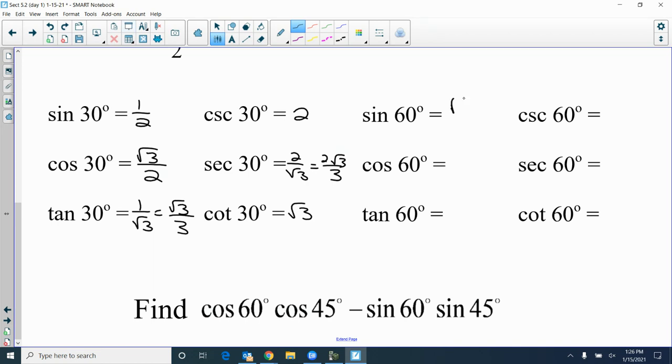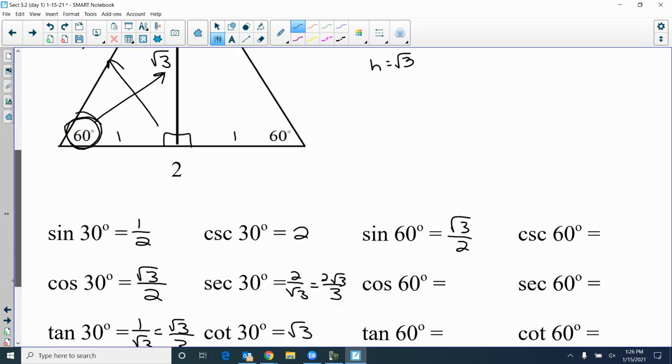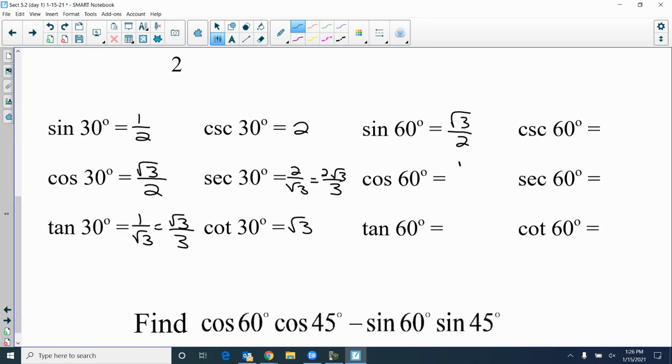Sine of 60, square root of 3 over 2, because you got your 60-degree angle right here. Opposite would be square root of 3, hypotenuse would be 2 for that one. Cosine, 1/2. Tangent, that's just square root of 3, right? Cosecant is going to be 2 over square root of 3, but that's going to be 2 radical 3 over 3.